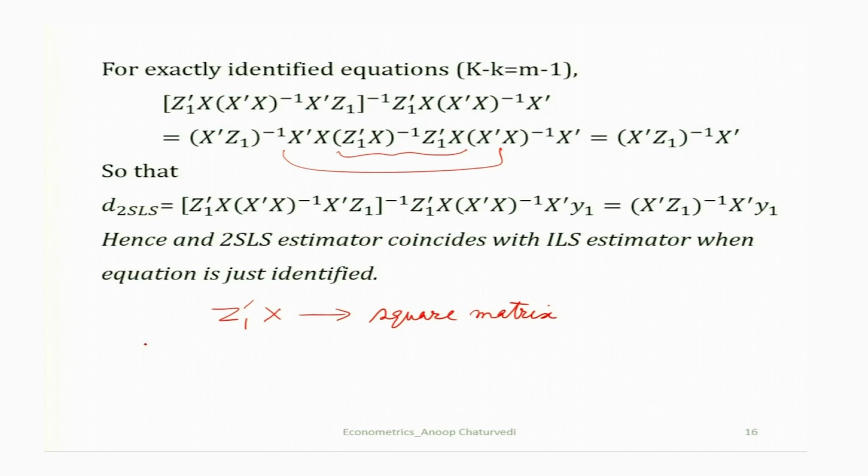Here notice that Z1 is equal to [Y1 X1], and Y1 has m minus 1 columns and X1 has small k columns. Further, X has capital K columns.